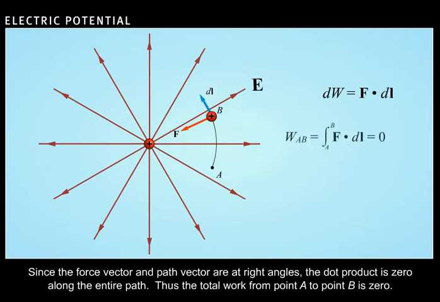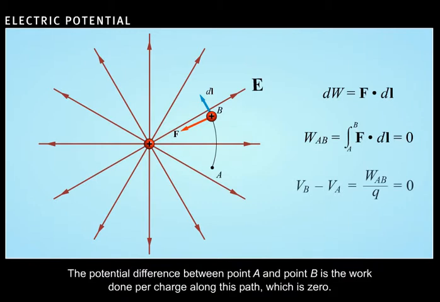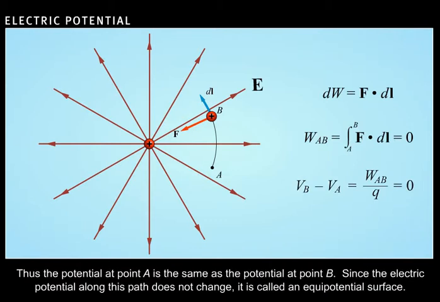Thus, the total work from point A to point B is 0. The potential difference between point A and point B is the work done per charge along this path, which is 0. Thus, the potential at point A is the same as the potential at point B. Since the electric potential along this path does not change, it is called an equipotential surface.